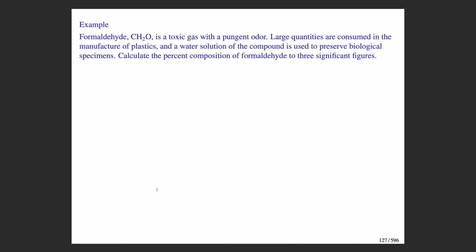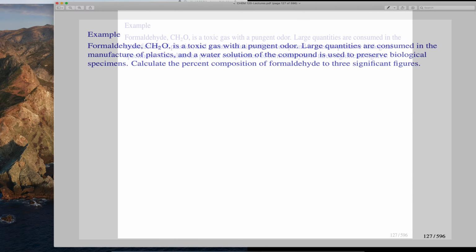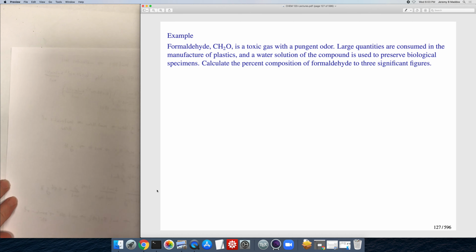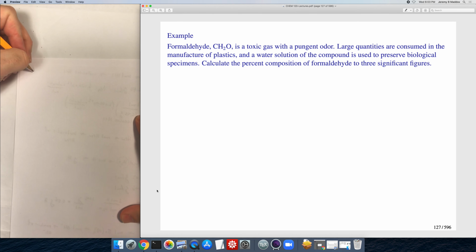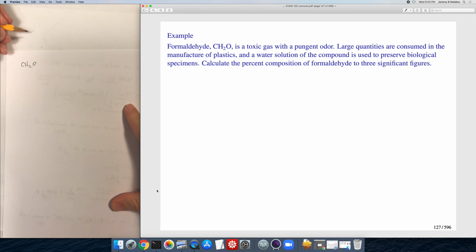Here we're going to start off by calculating the percent composition given the chemical formula. So we're considering the substance formaldehyde, CH2O, and what we want to be able to do here is to calculate the percentage of carbon, the percentage of hydrogen, and the percentage of oxygen in formaldehyde.